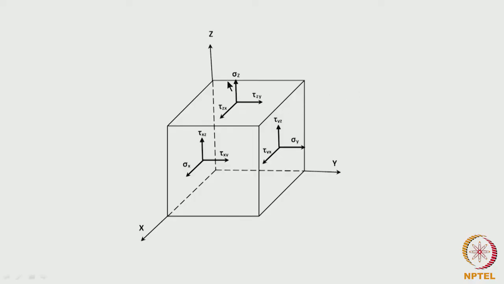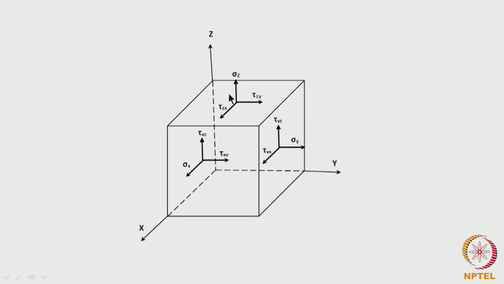For example, on each face of the cube inscribed within the material, there will be a normal stress acting perpendicular to the surface, and there will be two shear stresses, and this will be true for all the faces.